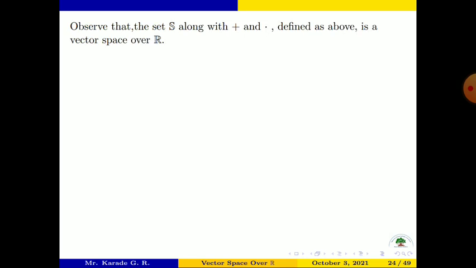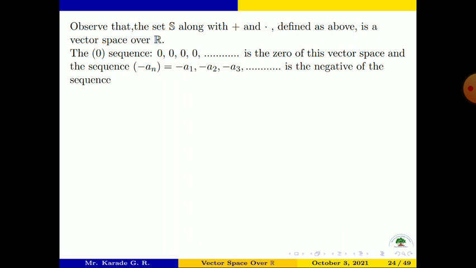Observe that the set S along with addition and scalar multiplication defined above is a vector space over R. The zero sequence 0, 0, 0, dot dot dot is the zero of this vector space, and the sequence minus a_n equal to minus a1, minus a2, minus a3, dot dot dot is the negative of the sequence a_n equal to a1, a2, a3, dot dot dot in S.